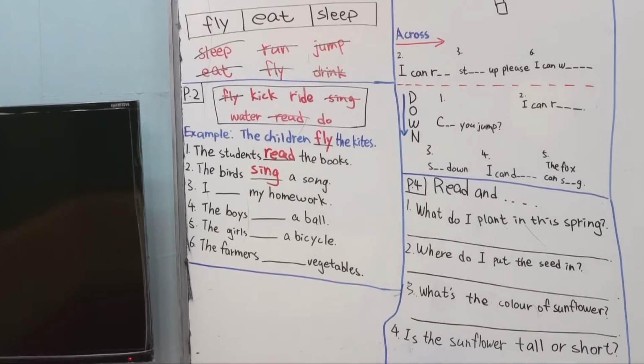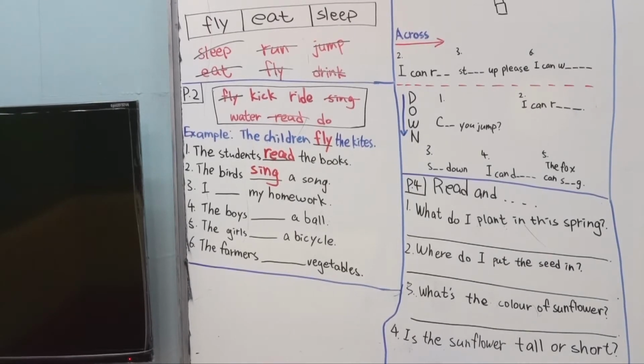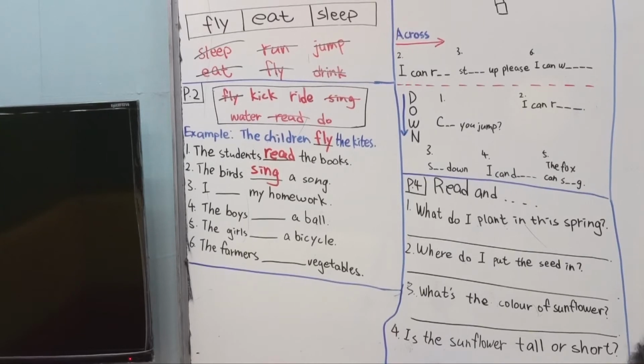Okay, done. Let's look at page 2, question number 3 to 6. Number 3, I what my homework. What do you do with your homework? Which action verb is best for my homework?